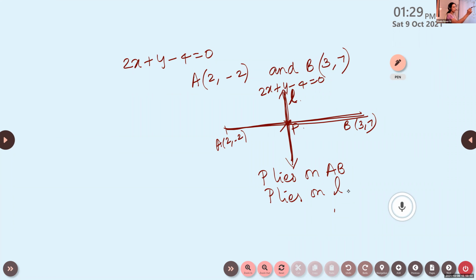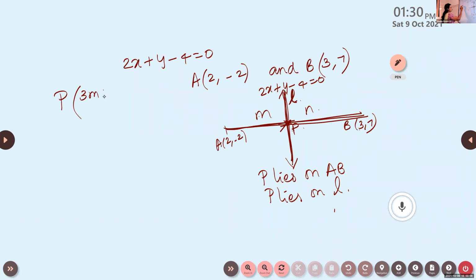So first, you find the point P. We don't know the ratio, so we can take the ratio as m is to n. By using the section formula, what you will get?